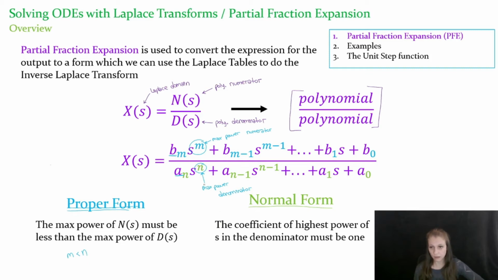If N is representing the maximum power in the denominator, then A of N is the coefficient of the highest power in the denominator. Therefore, in order to be in normal form, A of N has to equal 1. It's important to make sure that your expression is in both proper form and normal form before you proceed with partial fraction expansion and solving your problem.